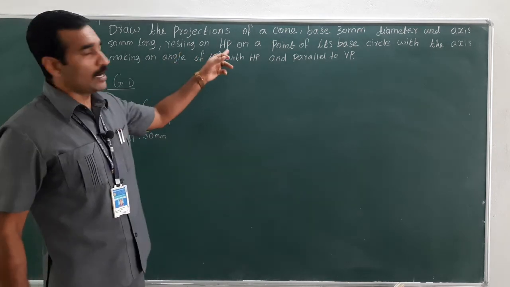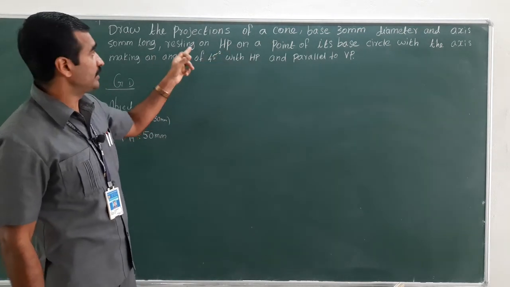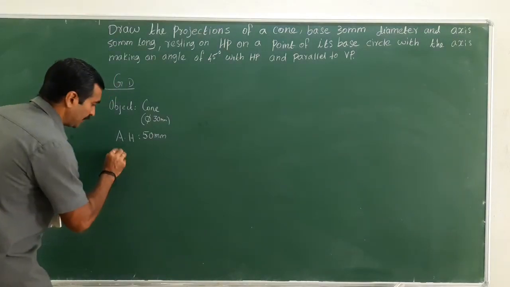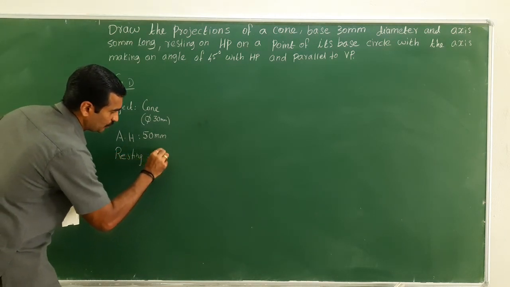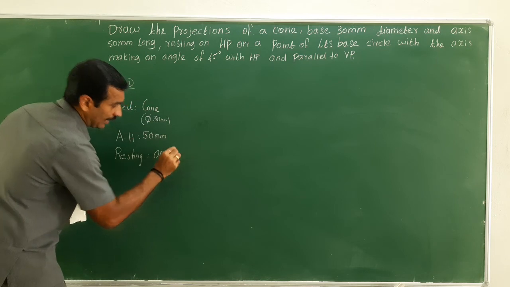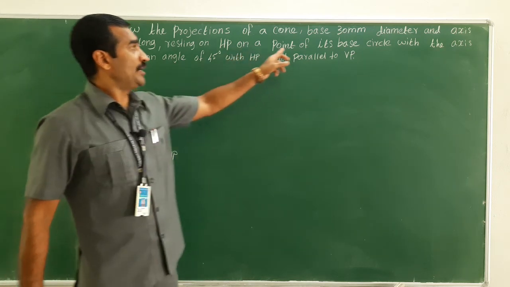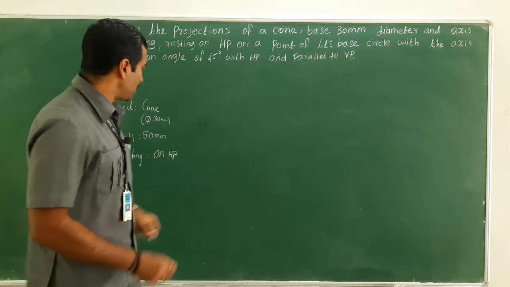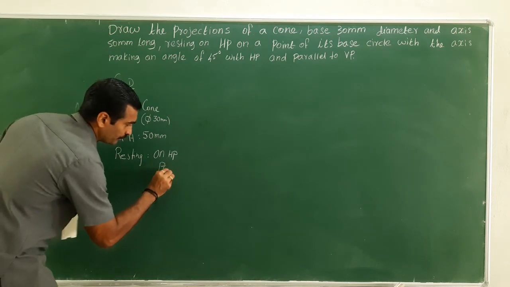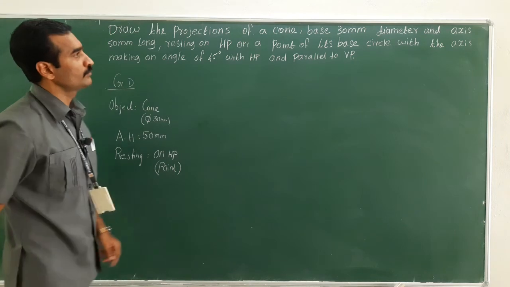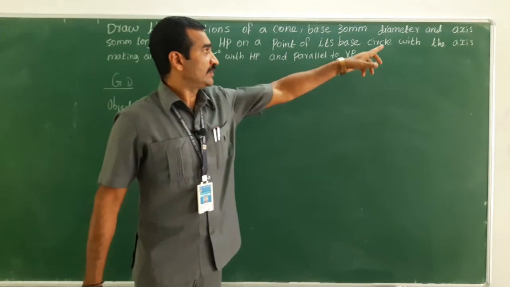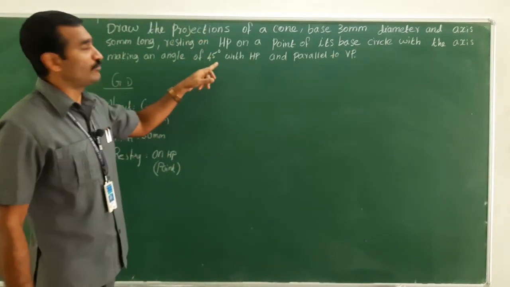Which is resting on HP. So, where is it resting? It is resting on HP. And how is it resting? On a point, right? On a point of its base circle, with the axis making an angle of 45 degree.